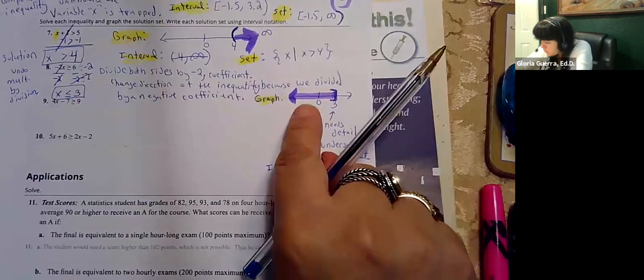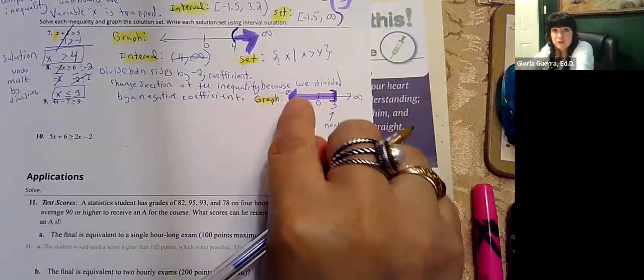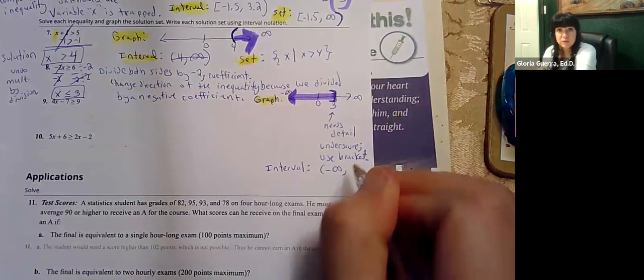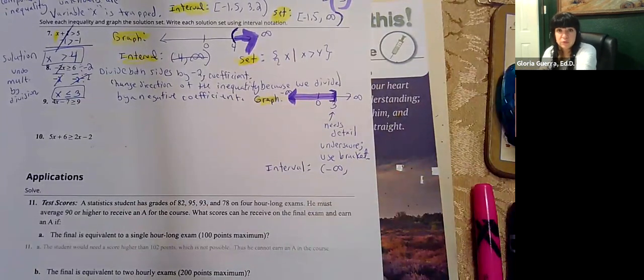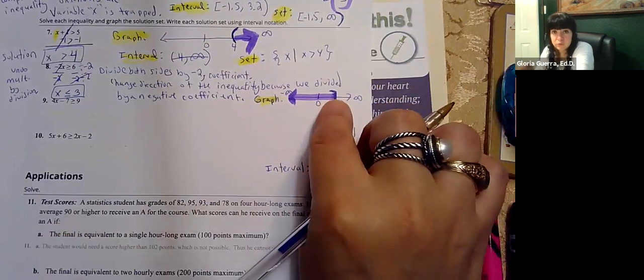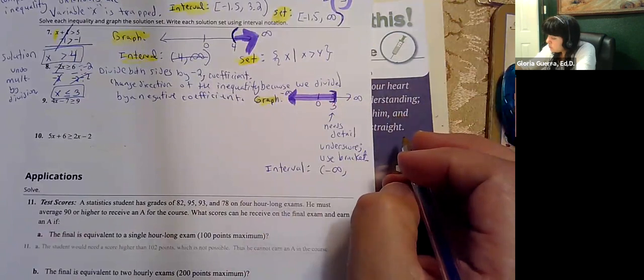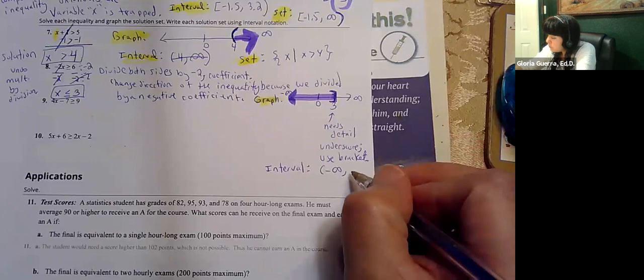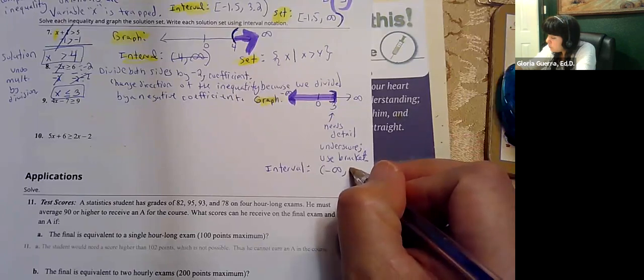So you see, this is negative infinity, and this is positive infinity, which we don't need. Nothing is shaded over here. So you do parentheses, negative infinity, because remember, all infinities start with parentheses. Negative infinity all the way to here, which is a bracket, a grouping symbol. So we went from negative infinity all the way to 3.